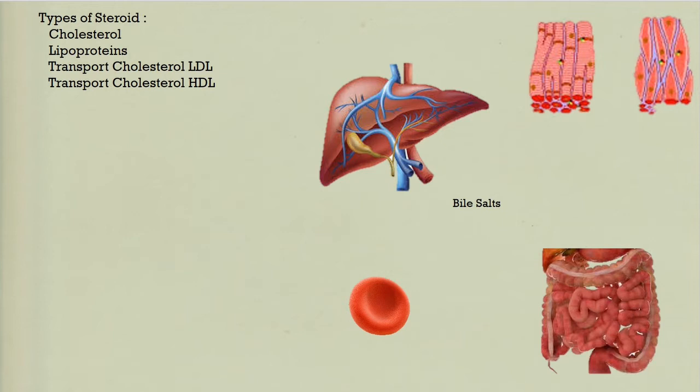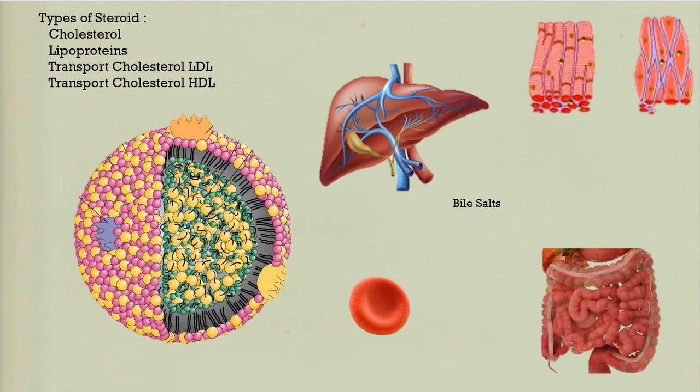Now, cholesterol resembles a rounded, ball structure like this. And cholesterol is made up of protein, phospholipids, and triglycerides. However, unfortunately, cholesterol is always regarded by some as a poison.